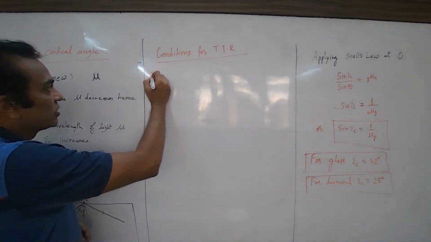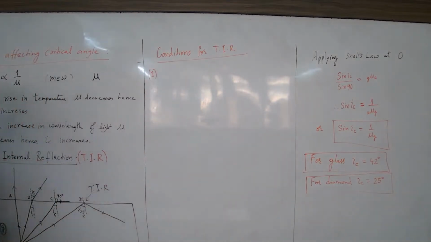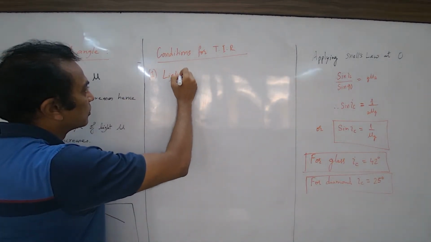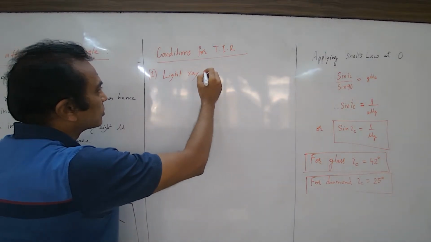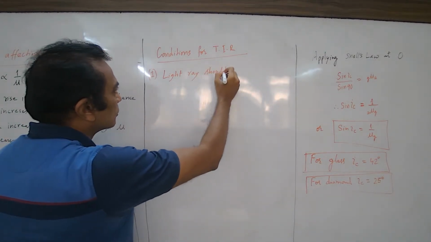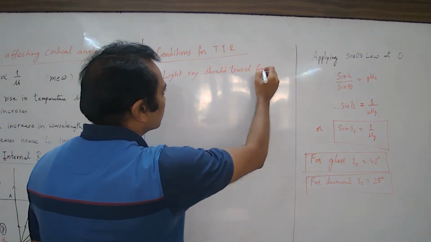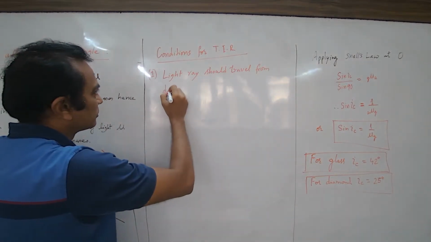What is the first condition? The ray should travel from the denser medium to the rarer medium. So this is the denser medium, this is the rarer medium. The first condition is the ray should travel from denser to rarer medium.